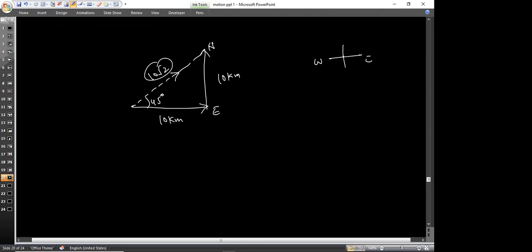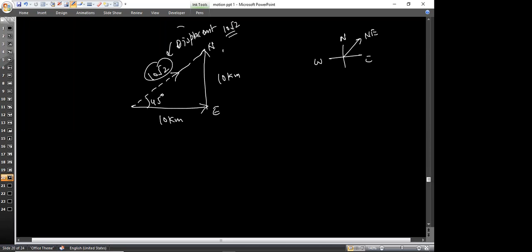So the displacement will be 10 root 2, and the direction is northeast.